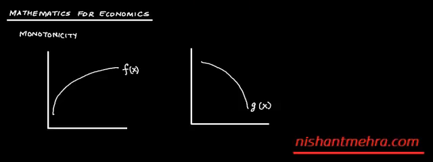Okay, then you pick up some value of x here, and you pick up some value of x here. For that value of x, this is the value of the function. For this value of x, this is the value of the function. So x1, x2, f(x1), f(x2).